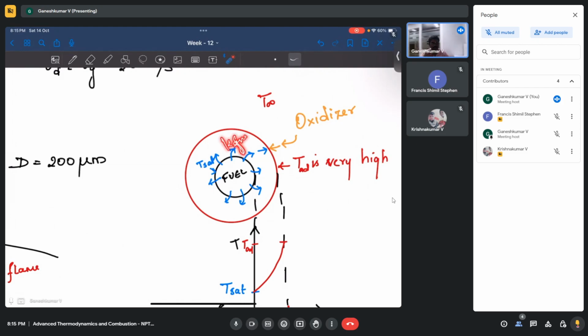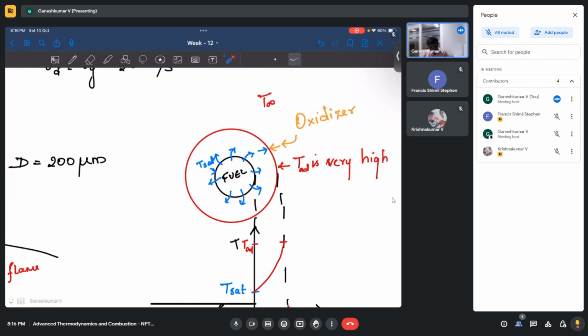if you try to estimate it, the fuel thermal conductivity might be lower than the thermal conductivity of the products, right? And all these thermal conductivities we are talking about are for gaseous fuel and gaseous products.